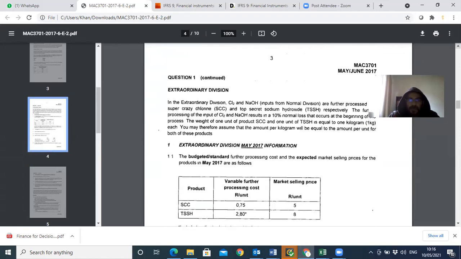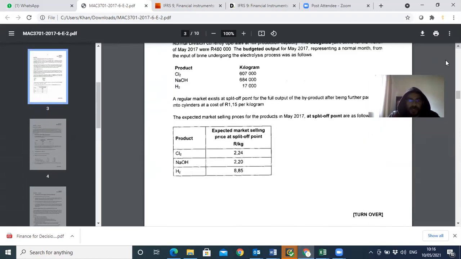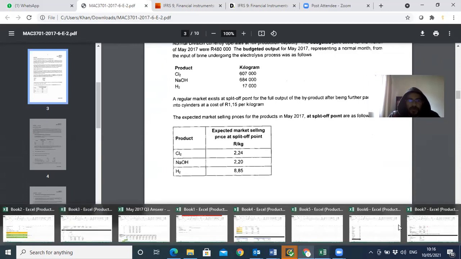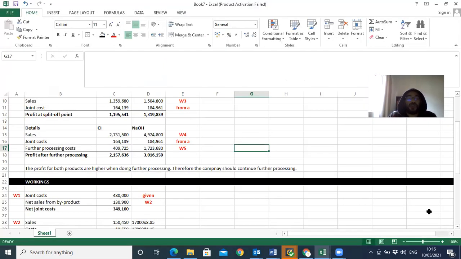Okay, so we're happy with that. Any questions? No. So that is basically how you do this question when you're doing further processing. It's a typical question that you will get. They'll ask you to help determine whether they should sell at split off point or whether they should do further processing. If you don't have any questions, then we're done for today, unless you have any other questions for me.